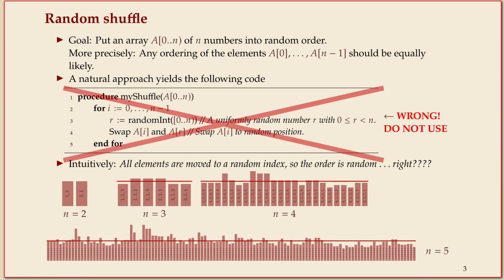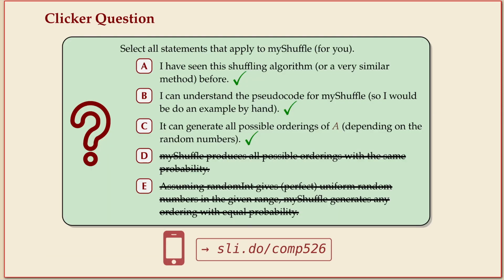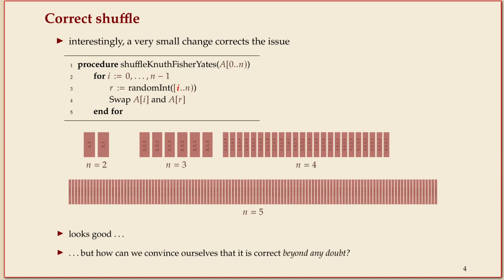Now, so don't ever use that code. We discussed that. There's a simple way to fix this, and I'm sure some of you will know this. It's a well-known algorithm. I would call it the Knuth-Fisher-Yates shuffle because all three were involved in it. It's maybe basic enough to have been reinvented independently a few times.